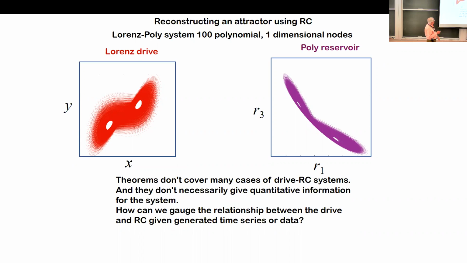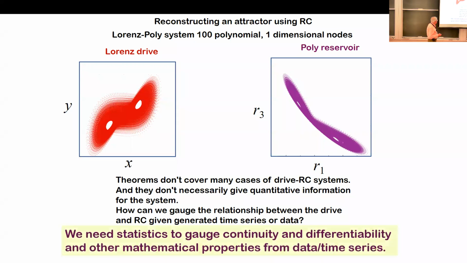And okay, you take a look at the Lorenz system and you take a look at, let's say, a 100-node reservoir computer. And you look at two of the nodes and you can see there's a similarity there. A lot of people have noticed this, that's easy to see. But it's a 100-node system. And the question is, what can you do about this in an experiment?